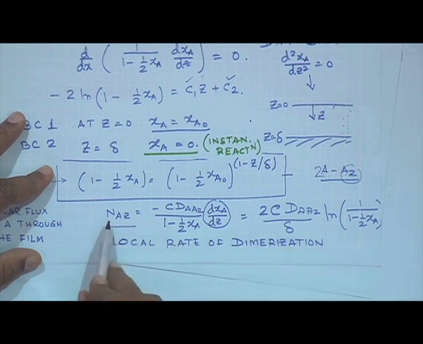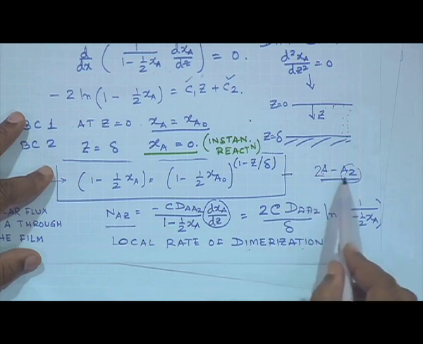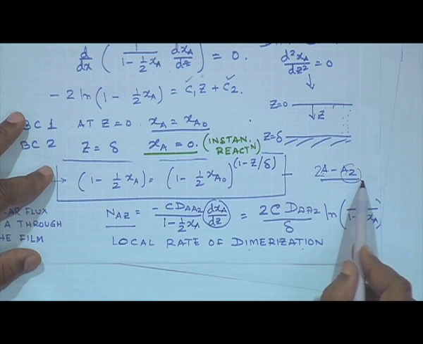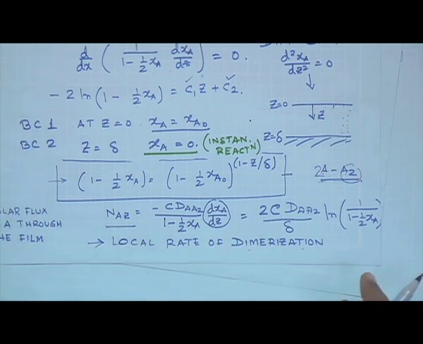So, the molar flux of A is essentially the rate at which A is going to form the product in the dimerization reaction. So, this is going to be the local rate of dimerization of A into the product.